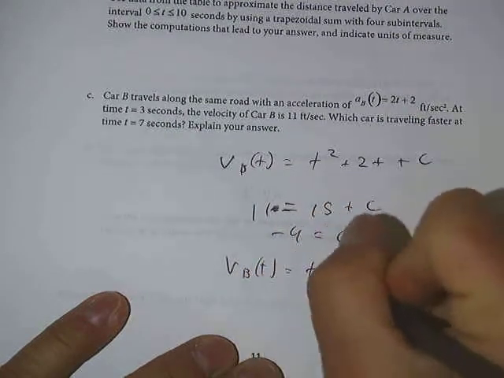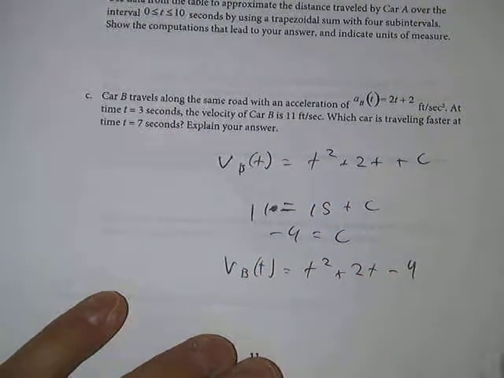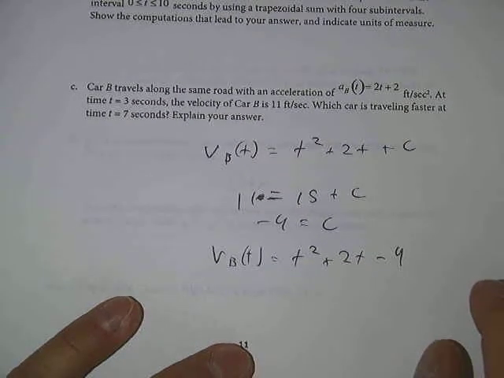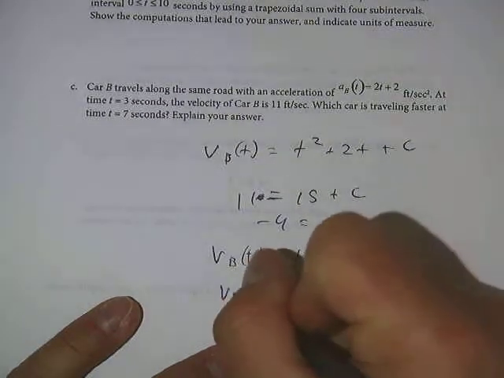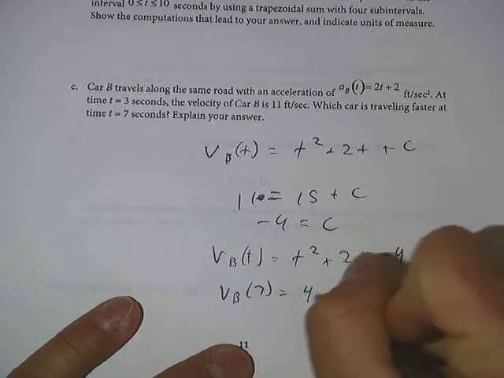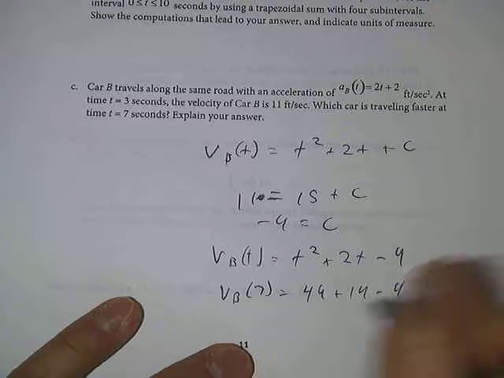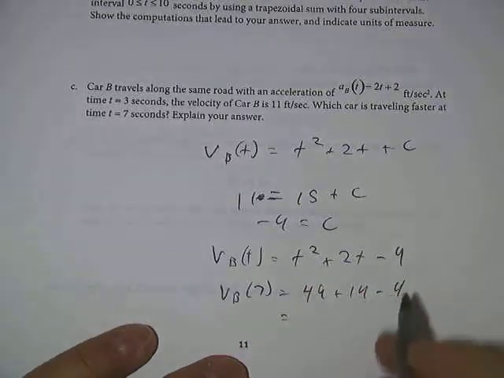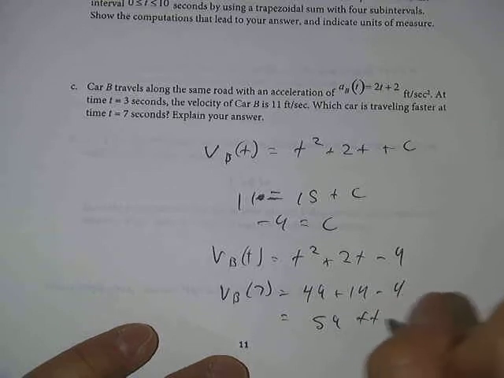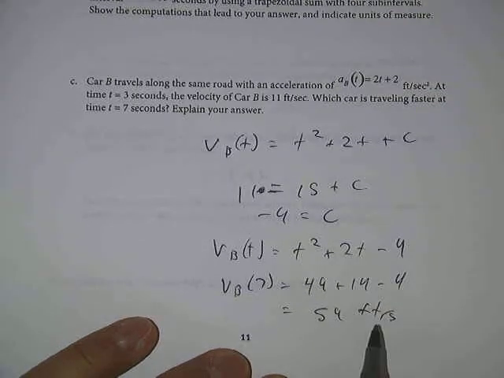Just anti-differentiate. The velocity of car B will be the antiderivative, which would be t squared plus 2t plus c. And keep in mind they gave us the initial condition: at time 3, the velocity is 11. If we put a 3 in there, we're going to get 9 plus 6, which is 15. So c would be -4.